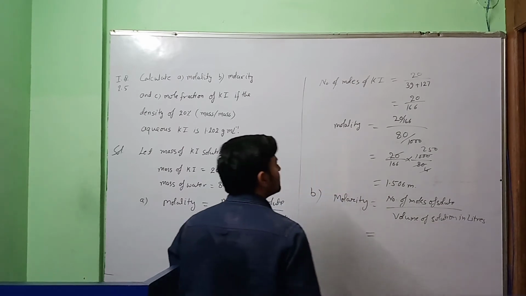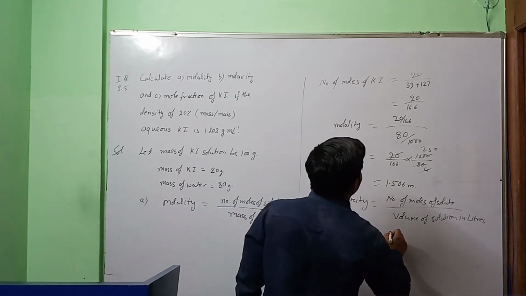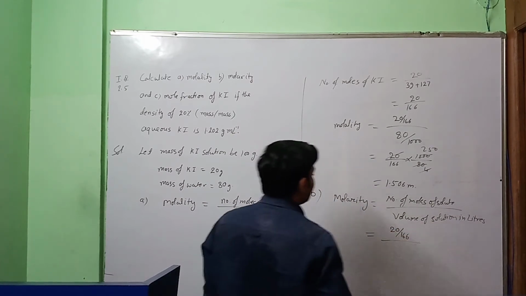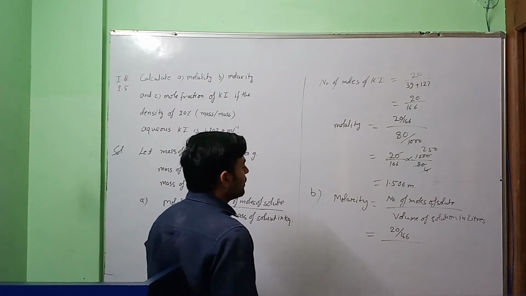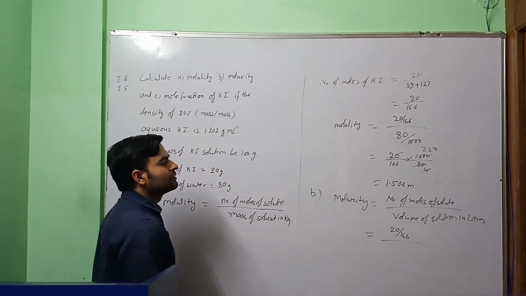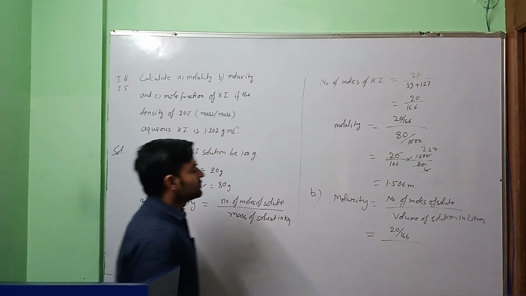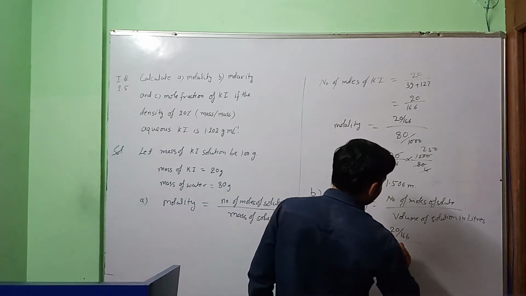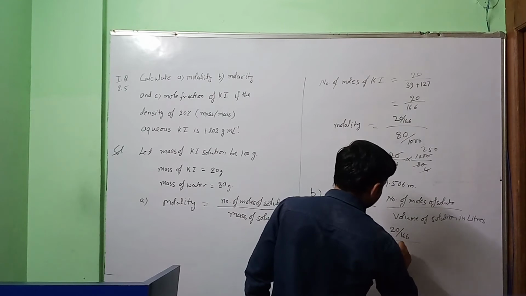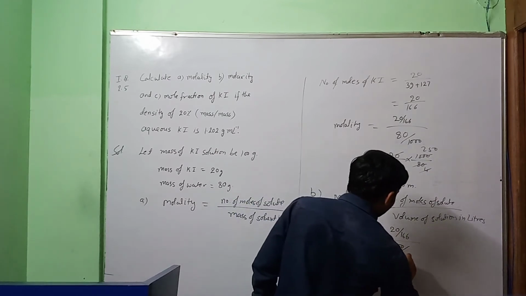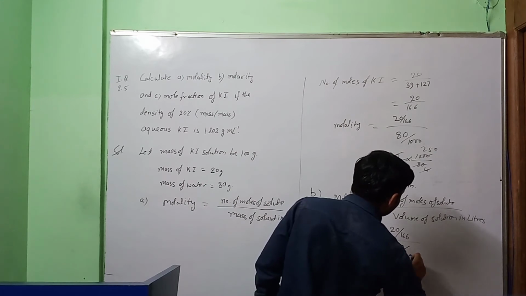Number of moles of solute, that is 20 divided by 166, upon volume of solution. Volume of solution you can find by using its mass and density. So mass upon density is volume. So mass is 100 gram and its density is 1.202.